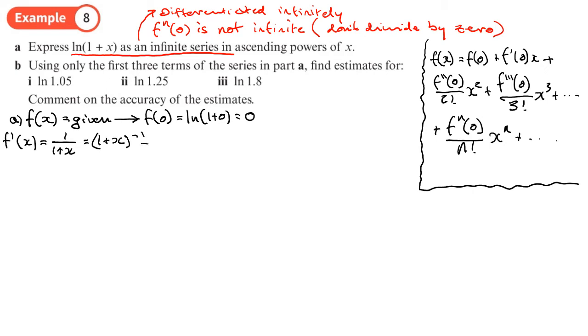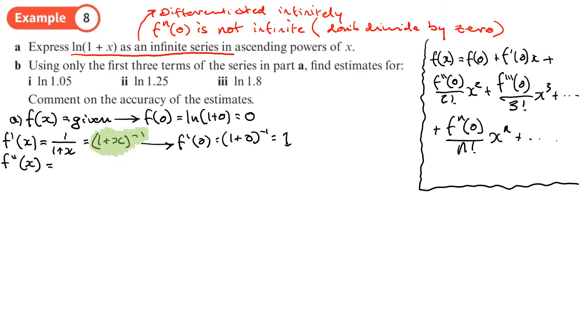Right, so I can now work out f dash of 0. So if I put 0 into that, I'll end up with 1 plus 0 to the power negative 1, which is just 1. f double dash of x, using how I've written it here in this form, that'll be more useful.